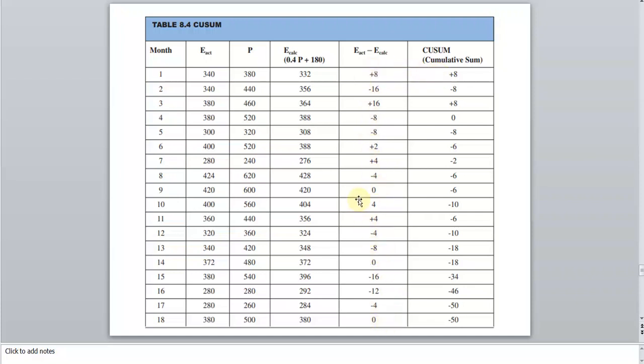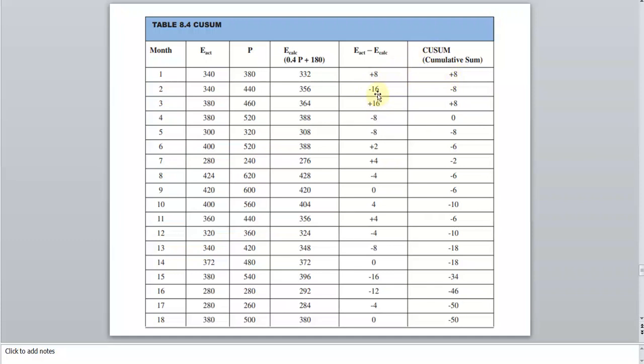So what is a cumulative sum? Let me show you an example. You keep plus 8 as it is for the first row. In the next row, suppose the data available is minus 16.